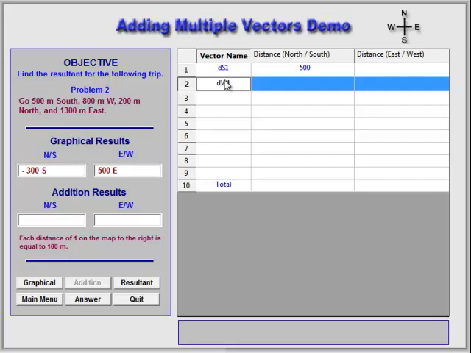The reason that I'm putting these vector names is I'm going to ask the students to also identify on their graph paper as they draw these to use the same nomenclature. So that would be minus 800 because it's to the west. And I guess we should be putting in the units since the units are not included.